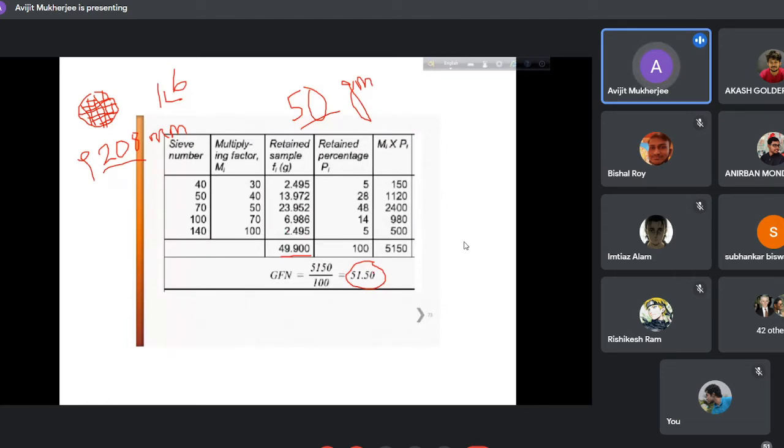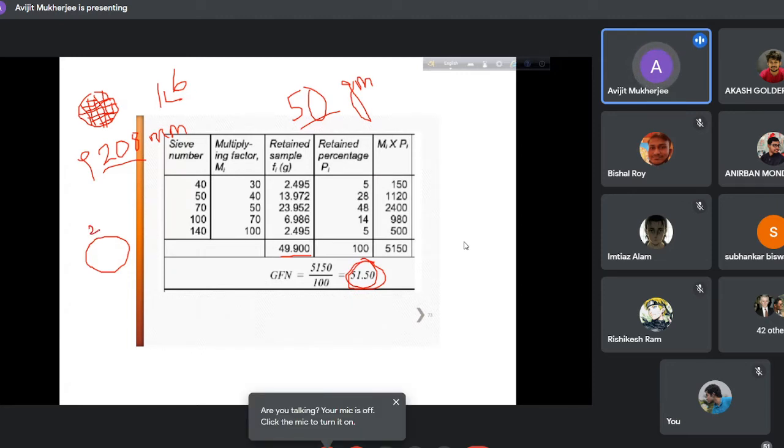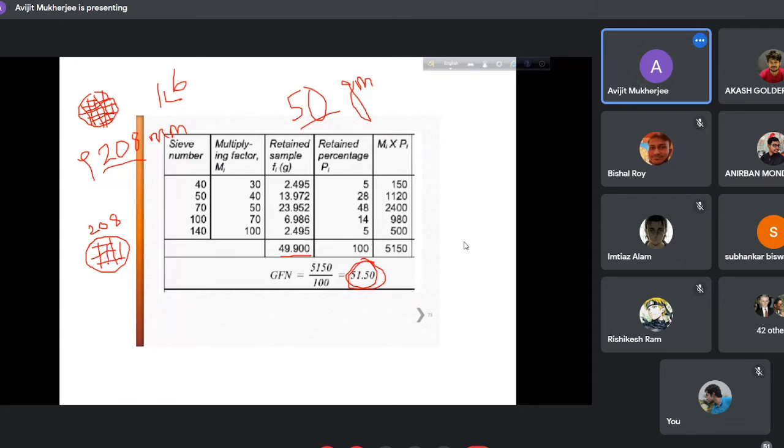So when I am getting a grain fineness number of 51.50, it means there is no such sieve, but it indicates, conceptually, that if we could divide it, it is not a standard, but if it were there, that standard mesh size 208 were divided into 51.50 compartments, then all the sample sand would pass through the net.